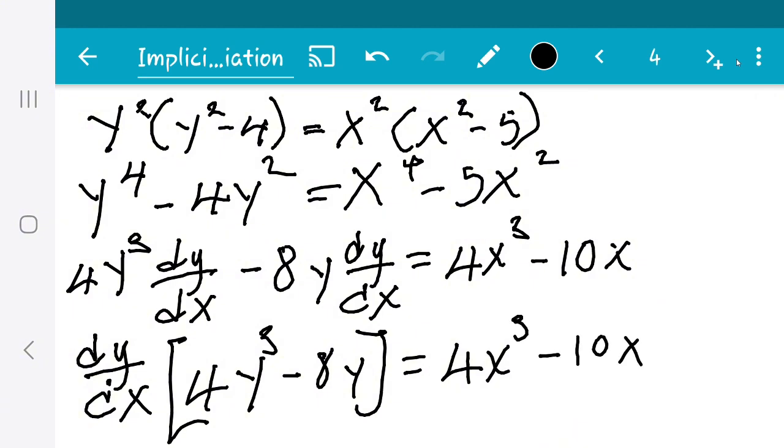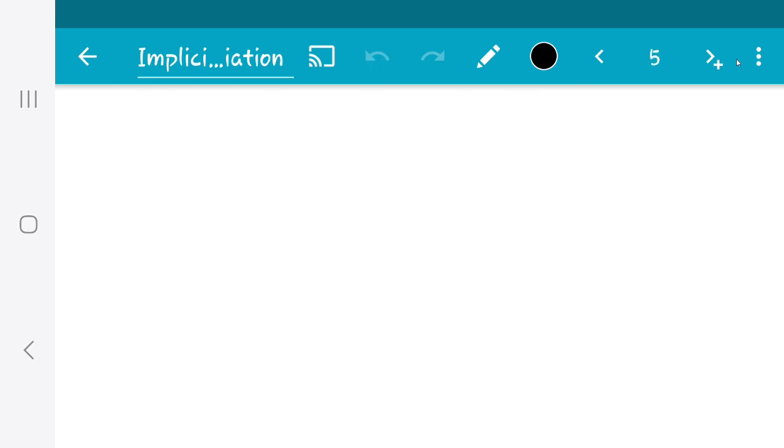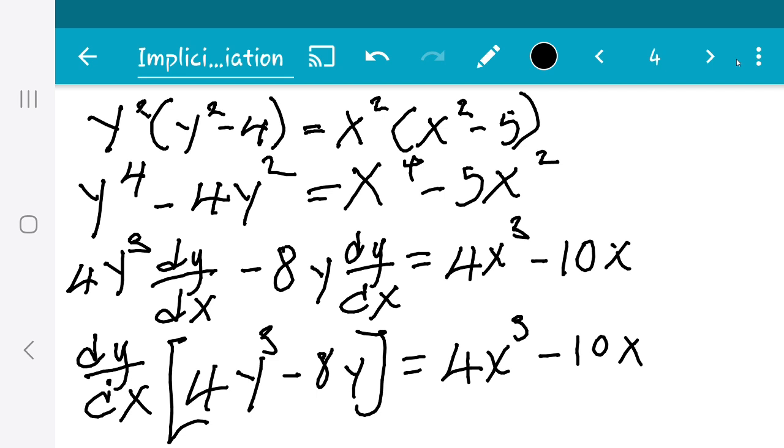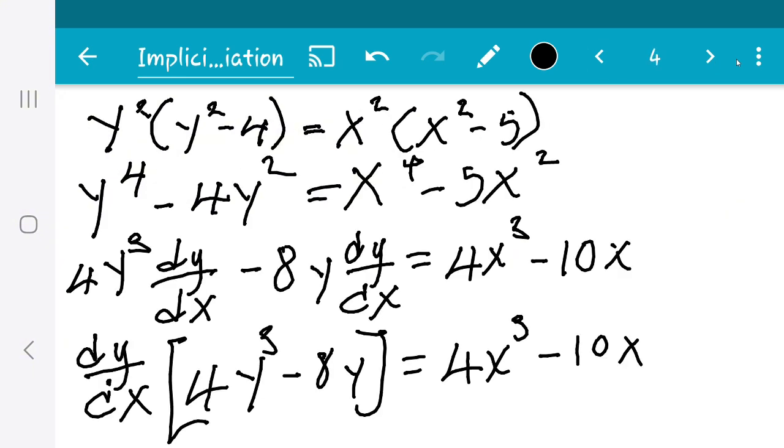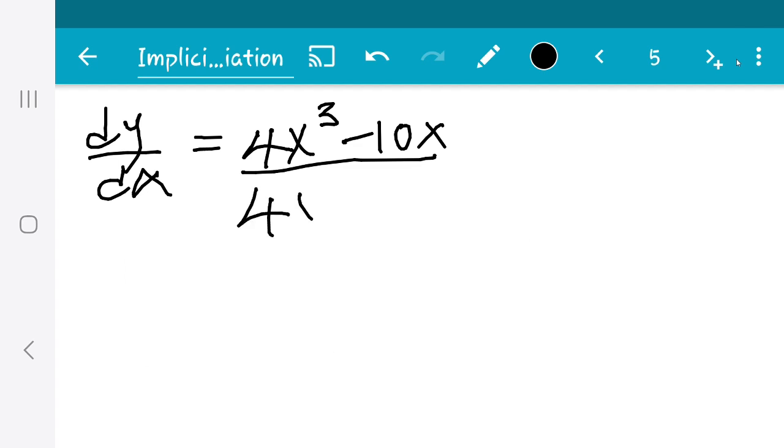Therefore, now we just take 4y cubed minus 8y to the other side. We can say dy over dx is equal to 4x cubed minus 10x over 4y cubed minus 8y.